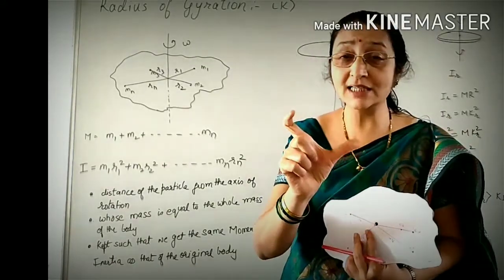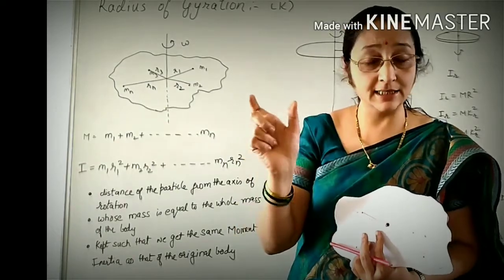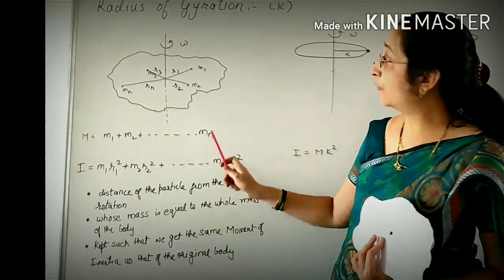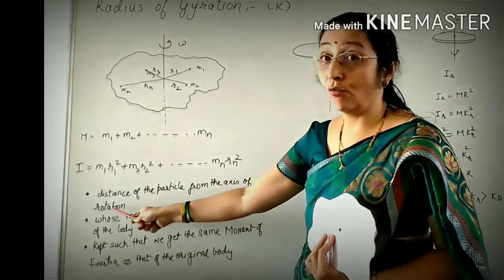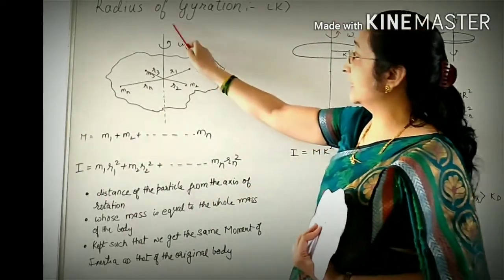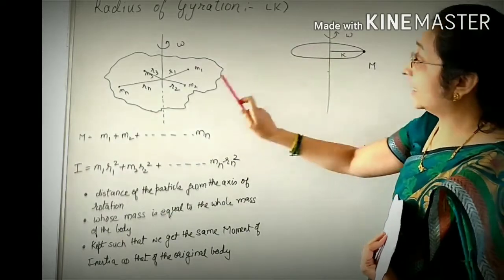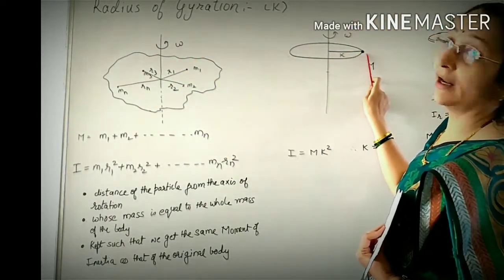Radius of gyration is a distance, so it will be measured in meters, or in centimeters. It is the distance of one particle from the axis of rotation. Now we are considering this same axis.